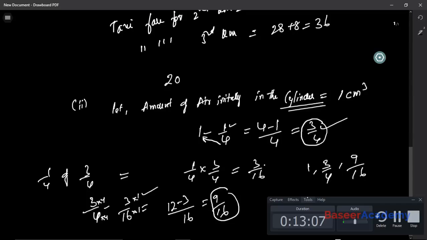So let me find out the difference between 3/4 and 1 first. 3/4 minus 1. 4 1s is 4. 3 minus 4 is minus 1. Minus 1/4. So the difference between 3/4 and 1 is minus 1/4. In the same way, let us find out the difference between 9/16 and 3/4.